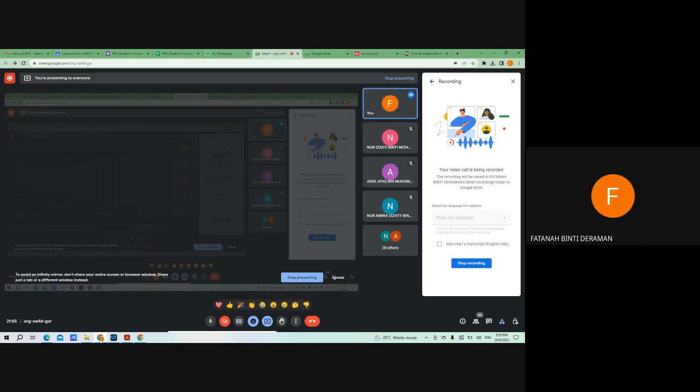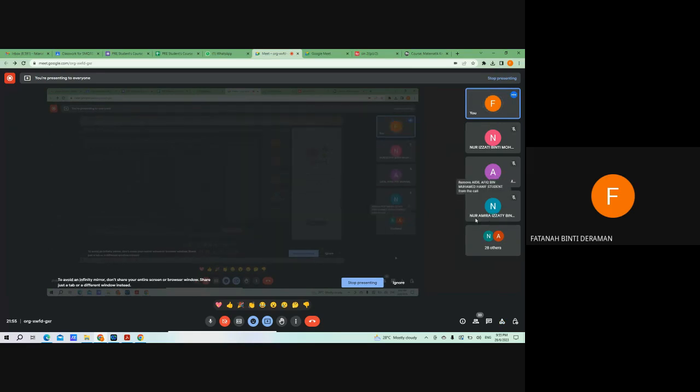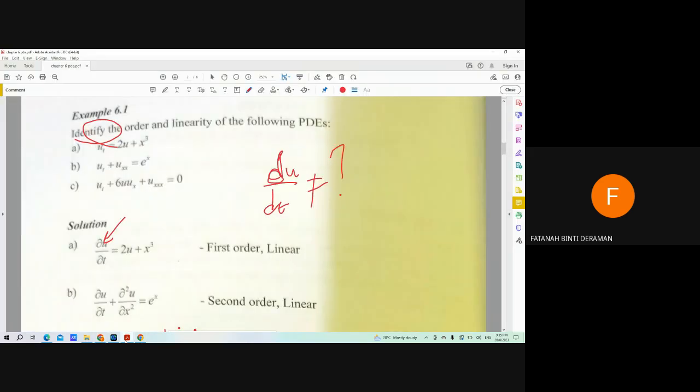So what is the partial actually? Partial derivative. How can we differentiate the partial and full derivative? For partial derivative, we only differentiate the associated terms. We differentiate half. Yes, correct.